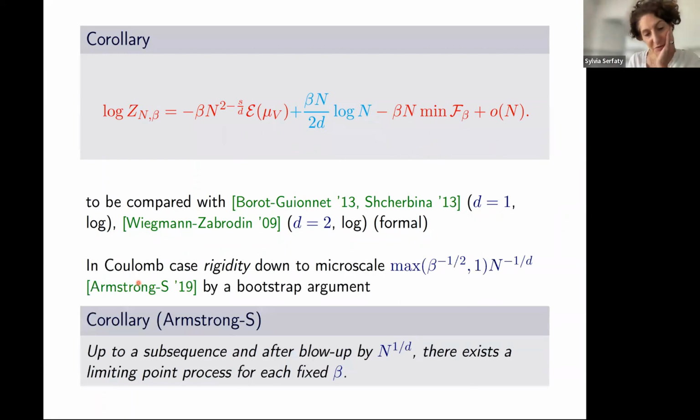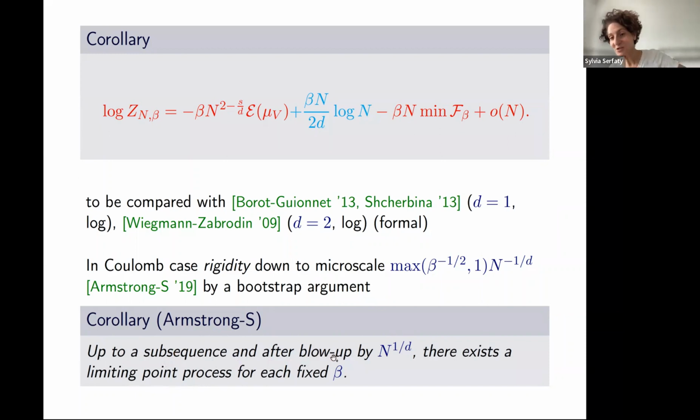Other results that we obtained, and that are restricted now to the Coulomb case only, are better rigidity results down to the micro scale. And one of the corollaries of this rigidity result, with Scott Armstrong, is that we can show existence of a limit point process.